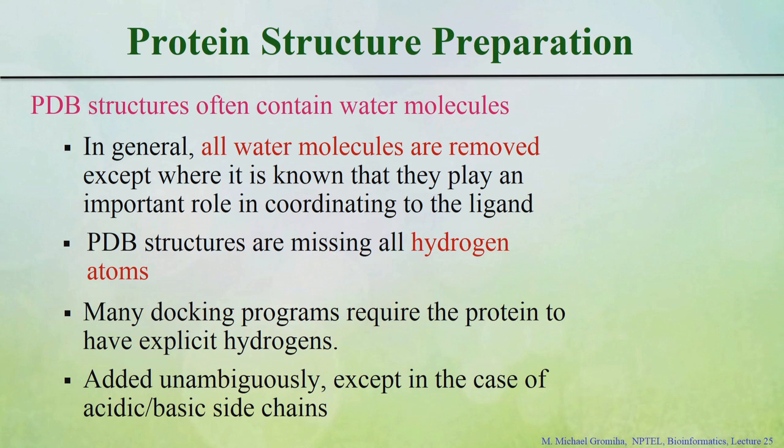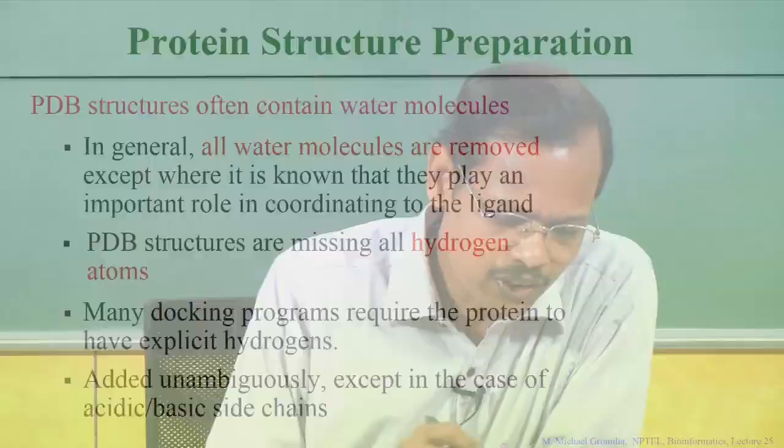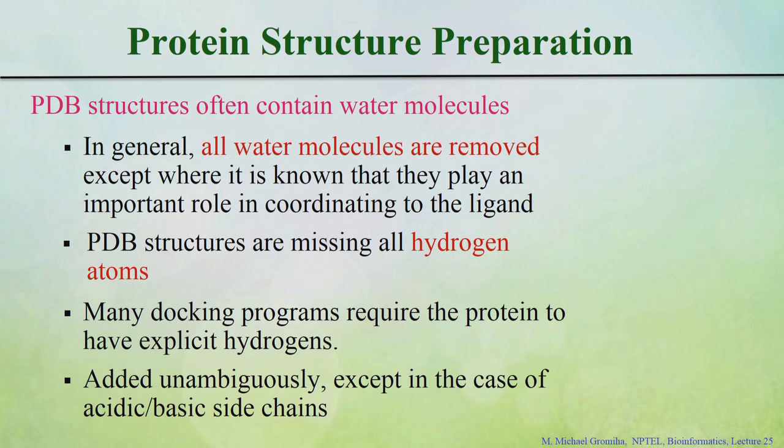Second thing is, in most PDB structures, mainly X-ray structures, the hydrogen atoms are missing. If you see the NMR structures, you can see the hydrogen atoms, but in most X-ray structures they are missing. So, you have to add the hydrogen atoms, along with all the missing atoms, because most docking programs require explicit hydrogens. Why do we need explicit hydrogen?